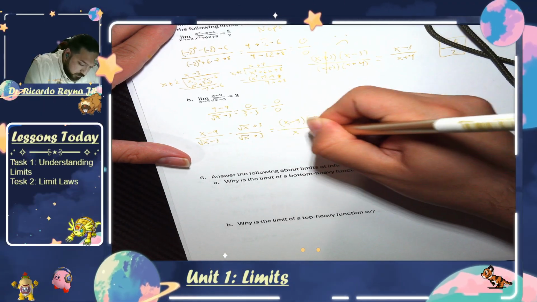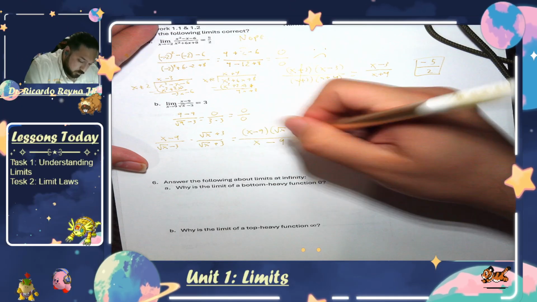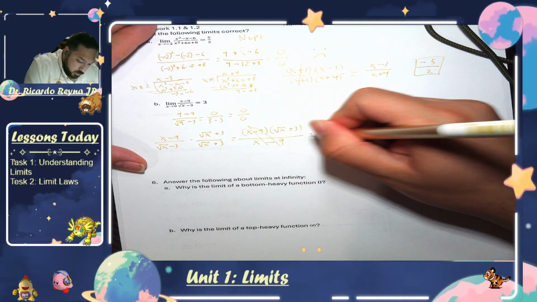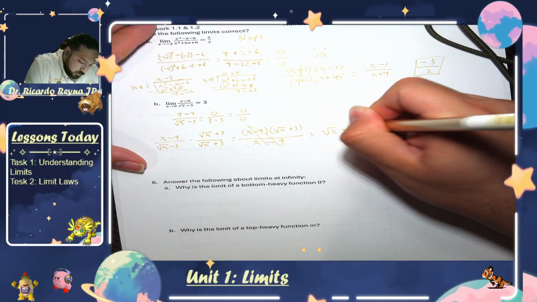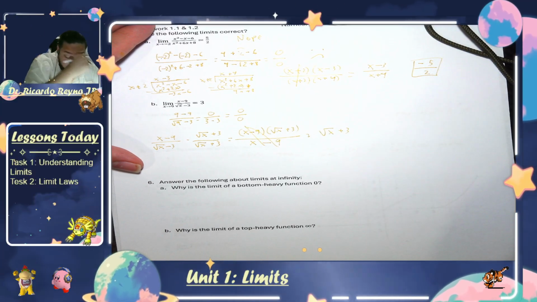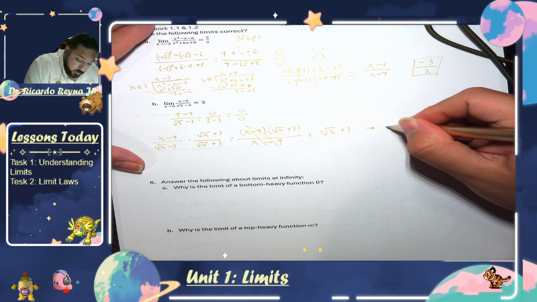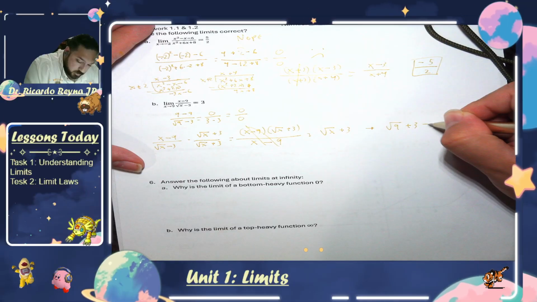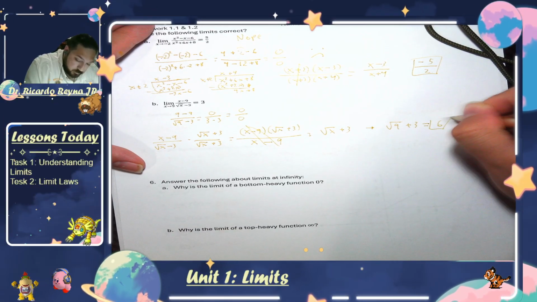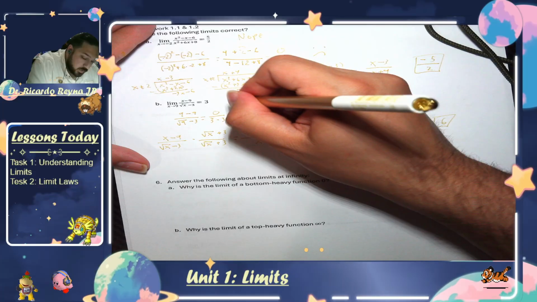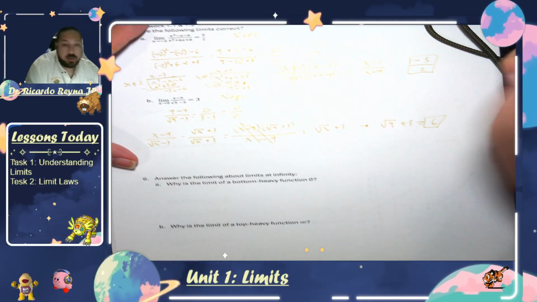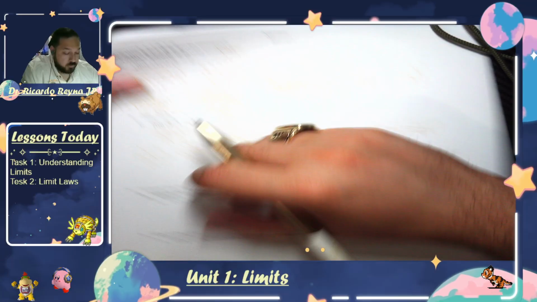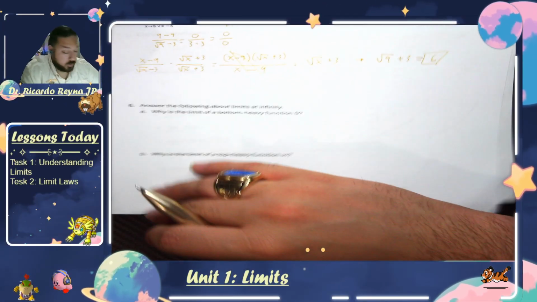And I get x minus 9. Oh, that'll cancel out. And you're left with square root of x plus 3. Now you plug it in and you get square root of 9 plus 3, which is just going to be 6. And then again, that's not the correct answer. All right. Hopefully our answers are matching so far.